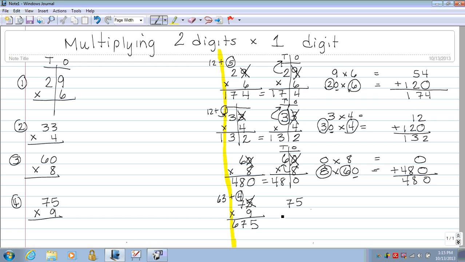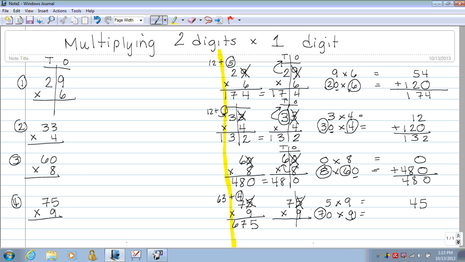If I do this same multiplication, I'm going to break it out, and I multiply the ones. I have 5 times 9, and that equals 45. Cross out my 5, and now I take my 9 times 7. But remember, boys and girls, this 7 is in the tens place value, so we will make that 70 times 9.